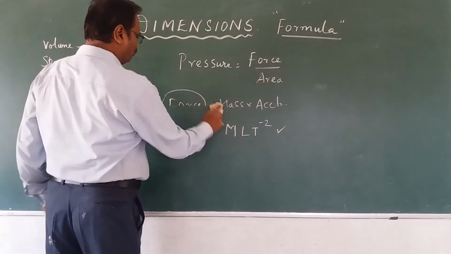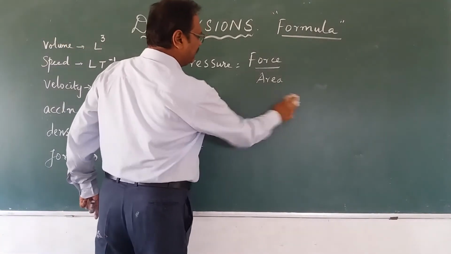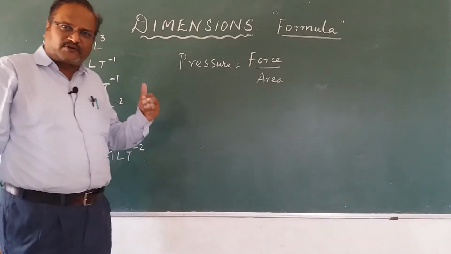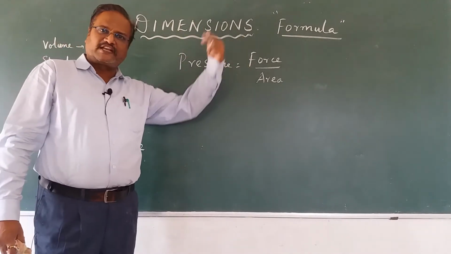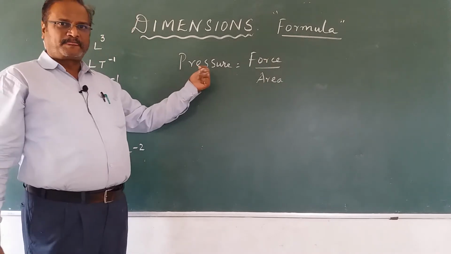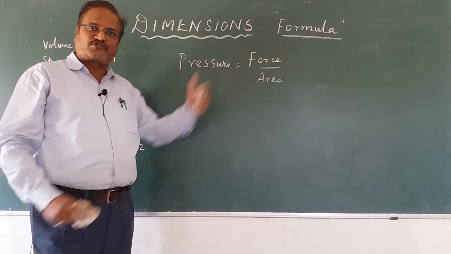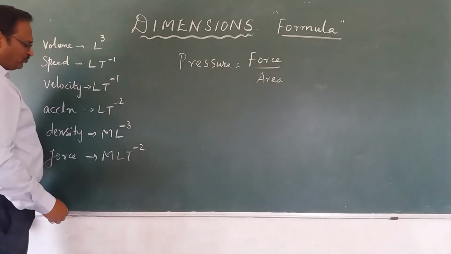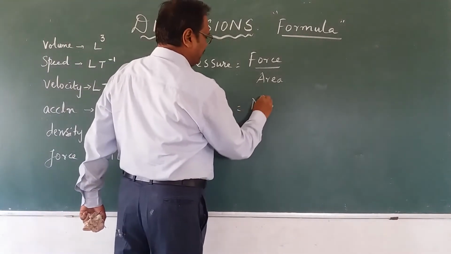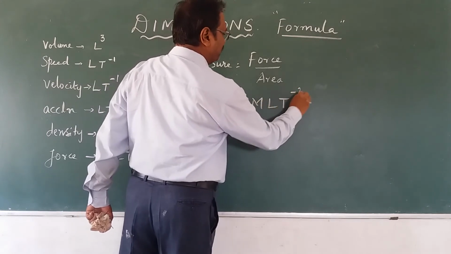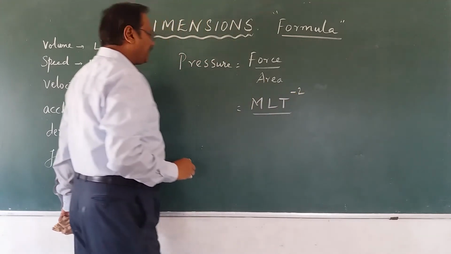So once I know the basic quantity, we derive a derived quantity from basic quantities, and then again advanced derived quantities like this pressure. It requires you to have force. Now we calculated for the force, which is M L t power minus 2. So I write here M L t power minus 2 upon area.